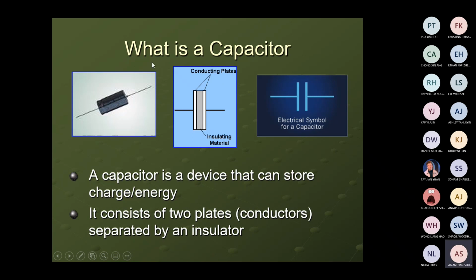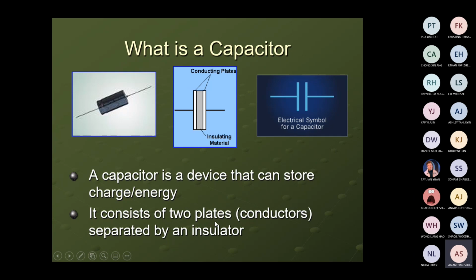Okay. So what is a capacitor? What is the function of a capacitor? A capacitor is a device that can store charge or energy. More logically, store energy.